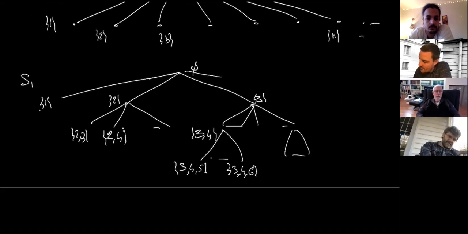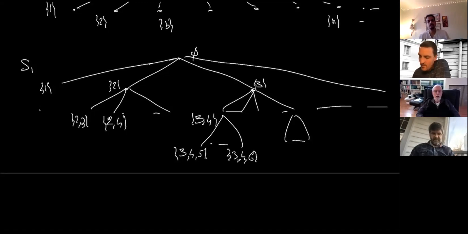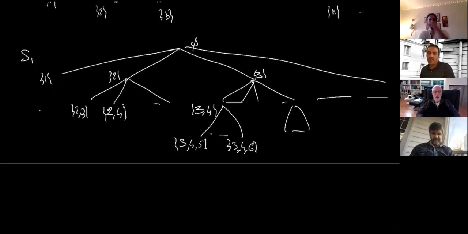You keep doing this. Which means that you can have sets of size 3 only if the first element is after 3, and then you stop. Sets of size 2 only if the first element is after 2. And you cannot have a two-element subset starting with 1, because the first element in your subset tells you how many elements you can have in your set.